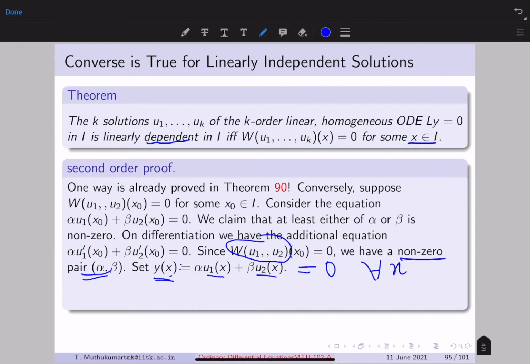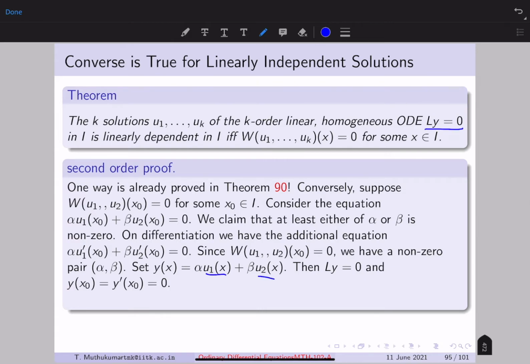So you start with this y. We don't know whether it's 0 or not. It is a linear combination of u1 and u2. Since u1 and u2 are solutions to this differential equation Ly equal to 0, by linearity L of y is also 0.